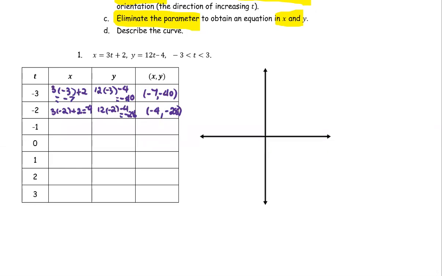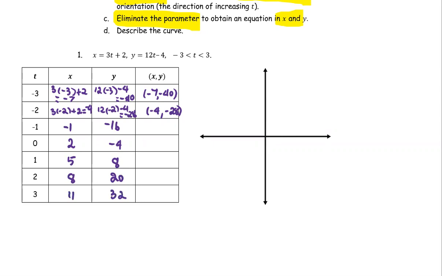For t equals negative 1, we get x equals negative 1, y equals negative 16. For t equals 0, x is 2, y is negative 4. For t equals 1, x is 5, y is 8. For t equals 2, x equals 8 and y equals 20. For t equals 3, x equals 11, y equals 32.